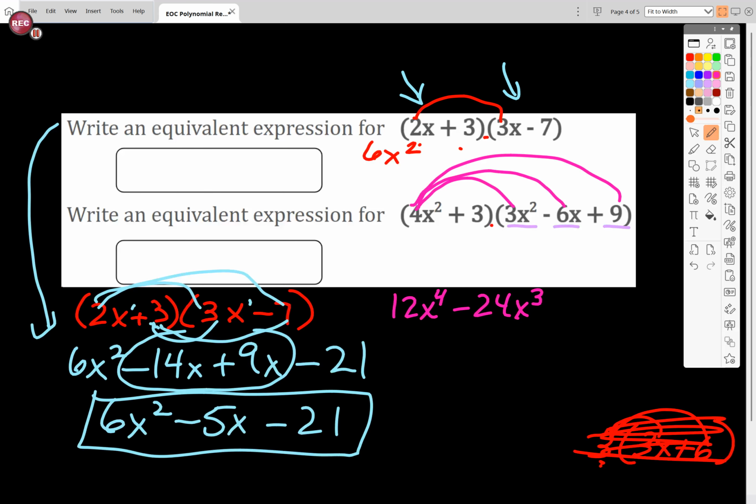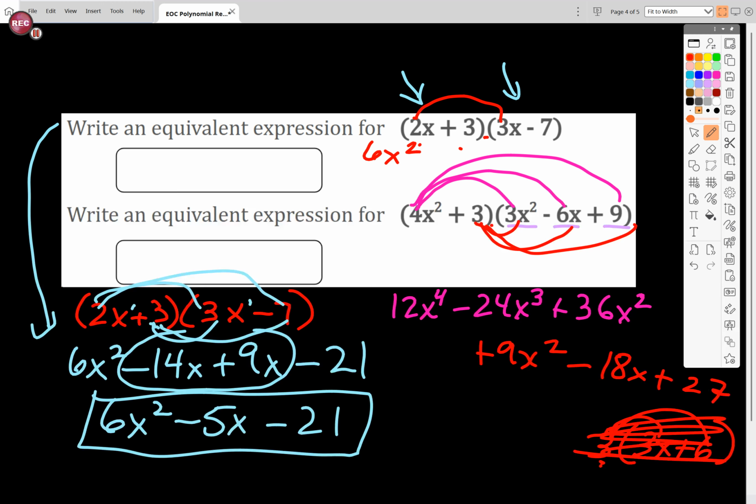Distribute to the final number, and it's positive 36x squared because there's no x on the 9. Now, those are 3 results. Now you distribute the other number to those same 3 values. And we get these values right here.